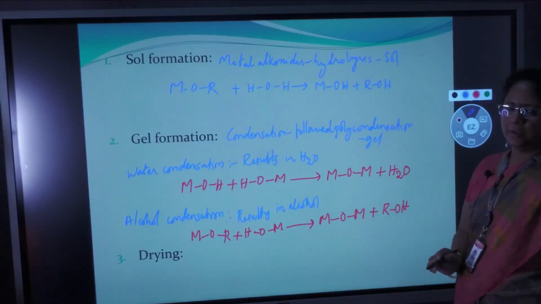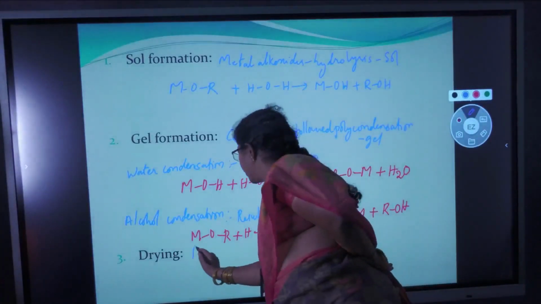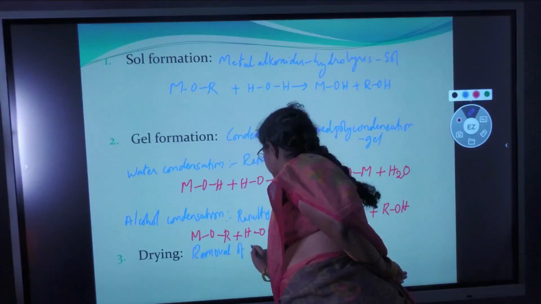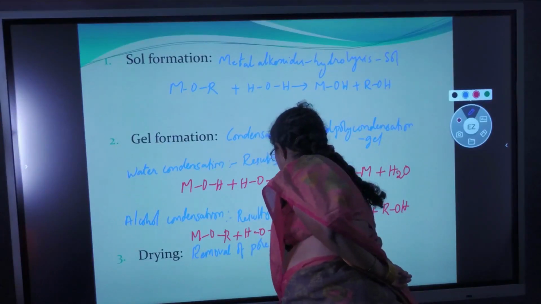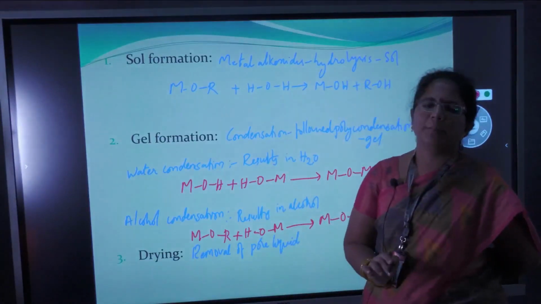Next one is drying. Drying process means nothing but the removal of pore liquid. That means the liquid existing between the pores will be removed.